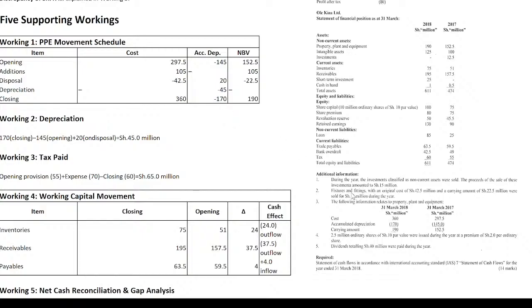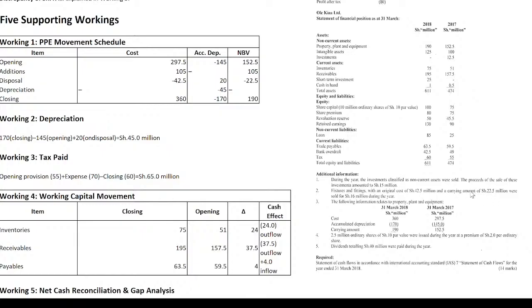For the additions, we are going to find them here. I think we have not been given them. So to calculate it, we are going first of all to take this note. We have been given that the original cost of the disposal was 42 million, and the carrying amount was 22.5.